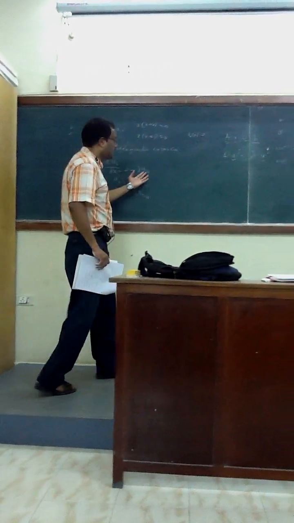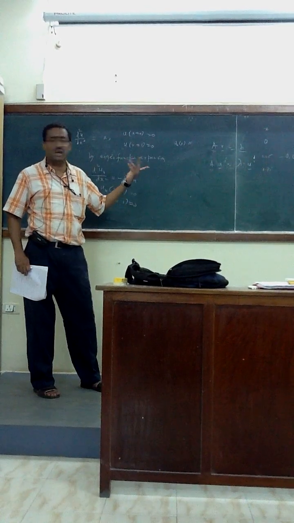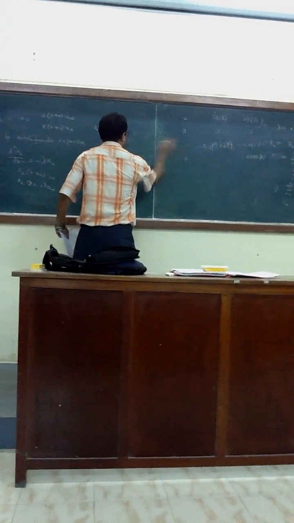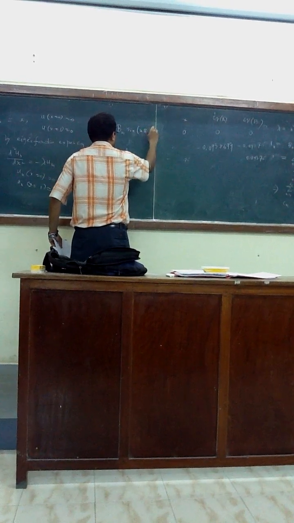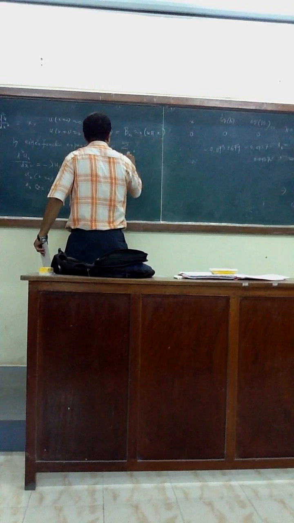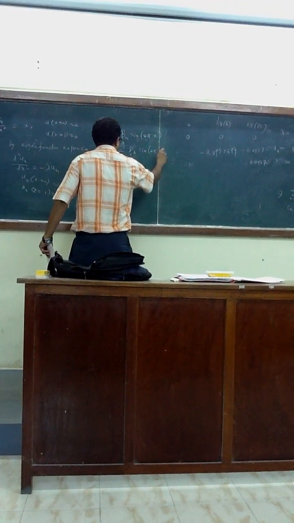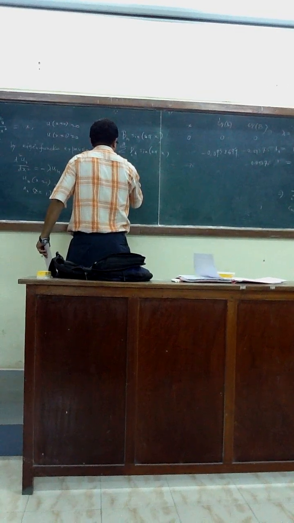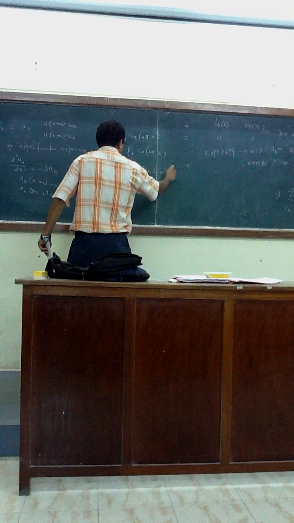Okay, and what's the solution you have seen just now? u_n(x) equals d_n sin(n pi x). Okay, and what to write? u equals the sum from n equals 1 to infinity of d_n sin(n pi x), or you can write the sum from n equals 1 to infinity of c_n d_n sin(n pi x).